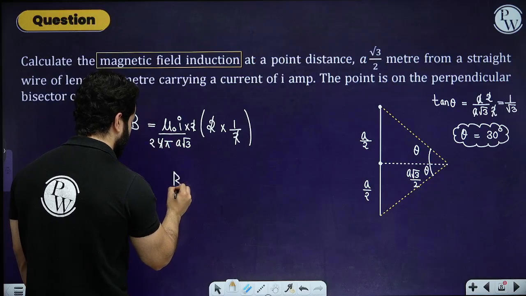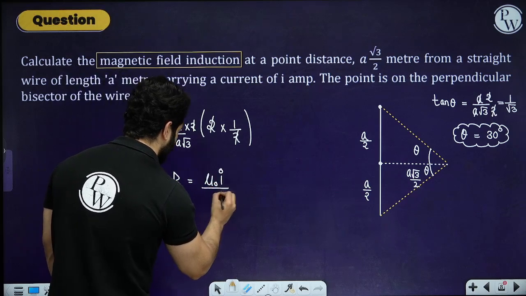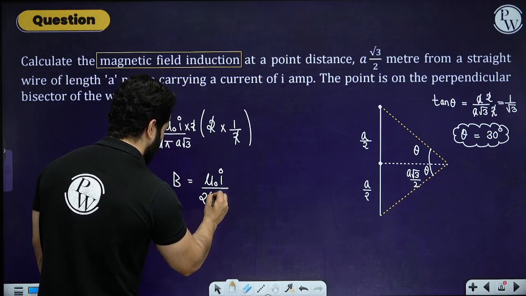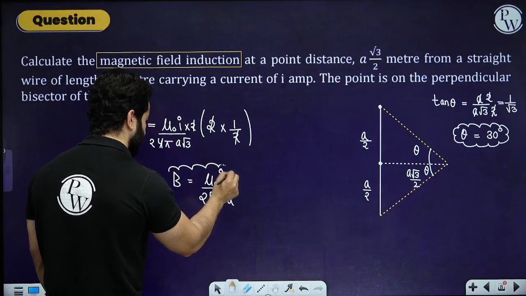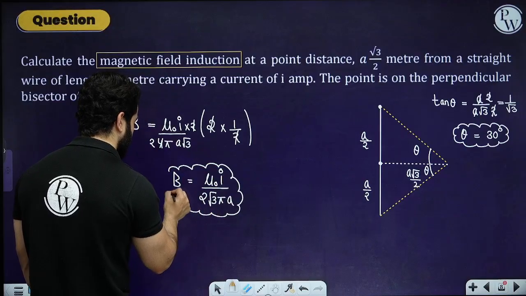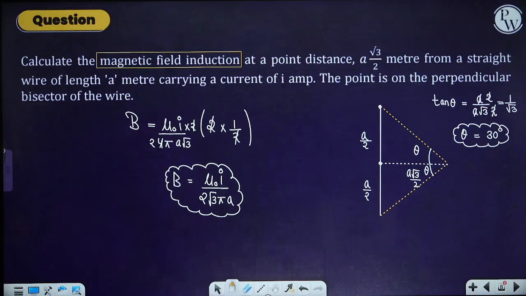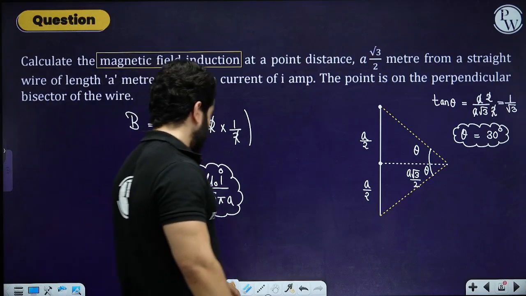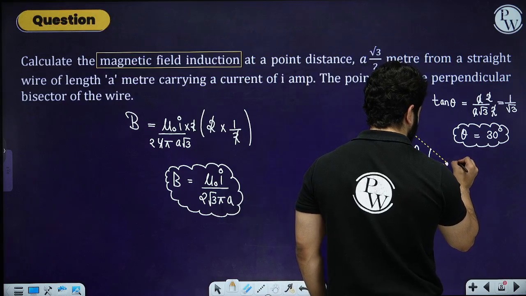Finally, the magnetic field comes out to be mu naught I upon 2 root 3 pi a. Take a look. Mu naught I upon 2 root 3 pi a. Alright, and the direction is going to be, of course, into the plane, right?